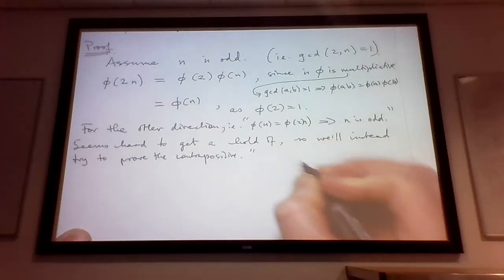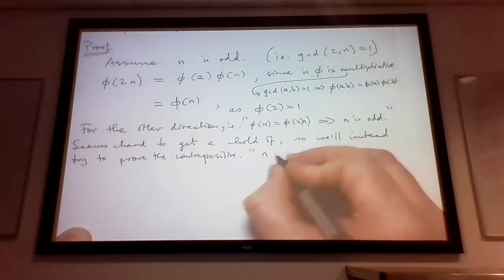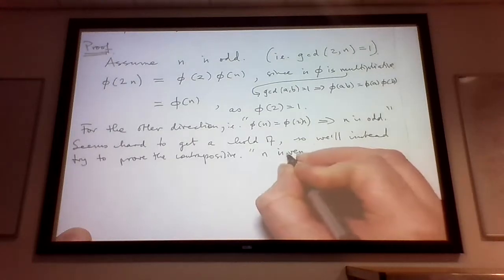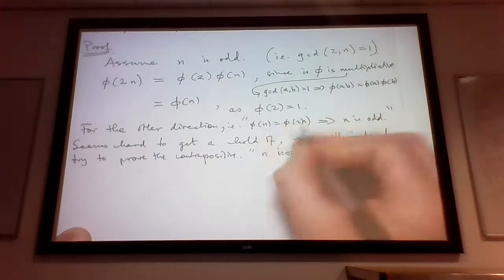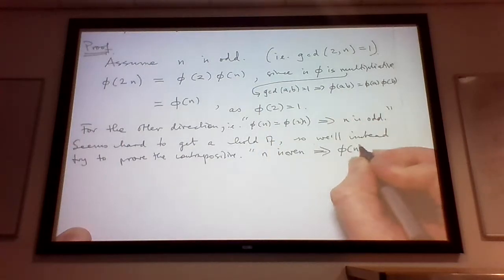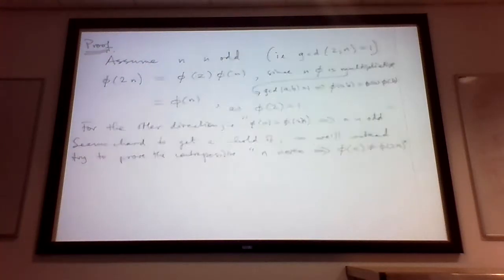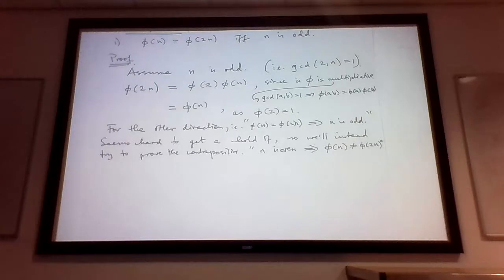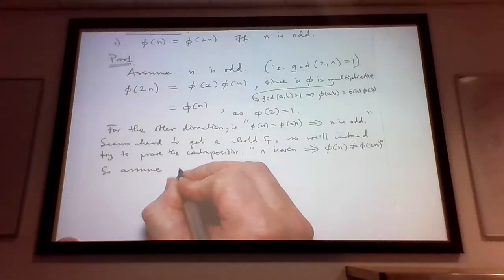The contrapositive says if n is not odd, in other words n is even, that implies that these two are not the same. So 5n is not equal to 5 2n. Now this is easier to get a hold of because we start off with the assumption that n is even.